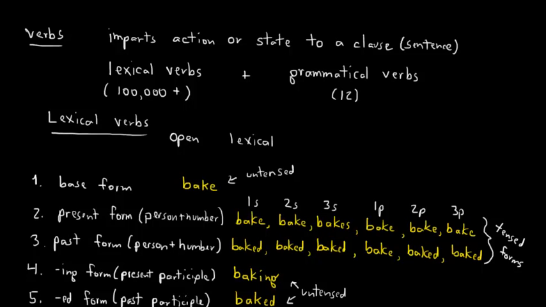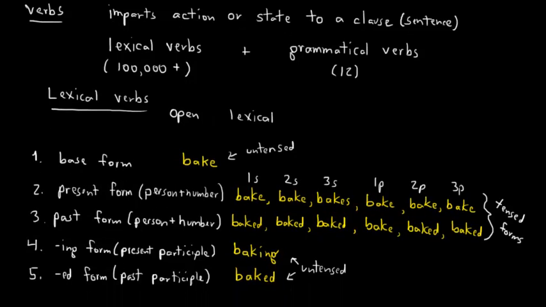Okay, in this video I want to finish up our overview of the verbs, and just a real quick review to start. We talked about verbs are words that impart action or state to a clause and therefore a sentence. There's two main groups, the lexical verbs and the grammatical verbs.